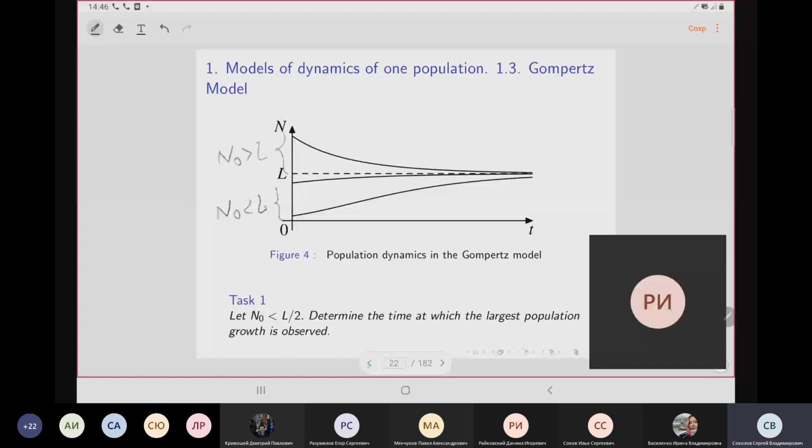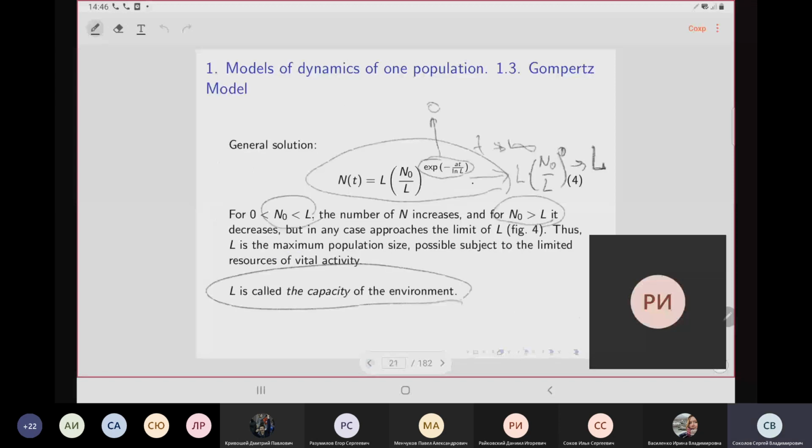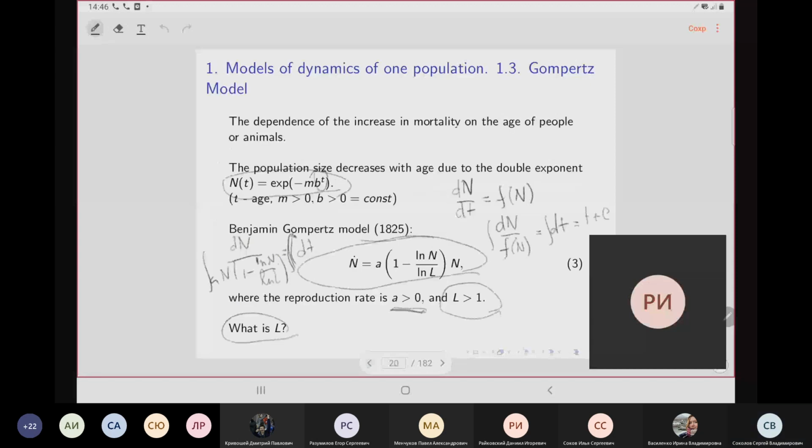It's quite natural. If the population number exceeds the capacity of the environment, then it will stabilize, because in this region n dot is negative. We can easily see if we draw a picture of the right hand side of the equation.